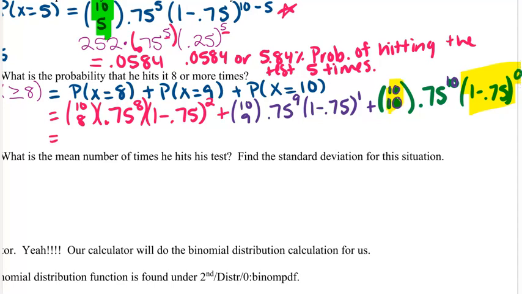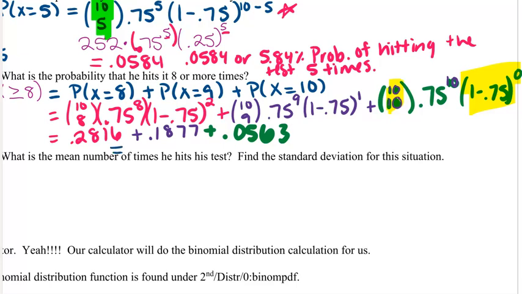But for this first part, for getting exactly 8, I'm going to get 0.2816. Okay, for my second one for 9, I'm going to get 0.1877. And for my last one for 10 successes, I'm going to get 0.0563.